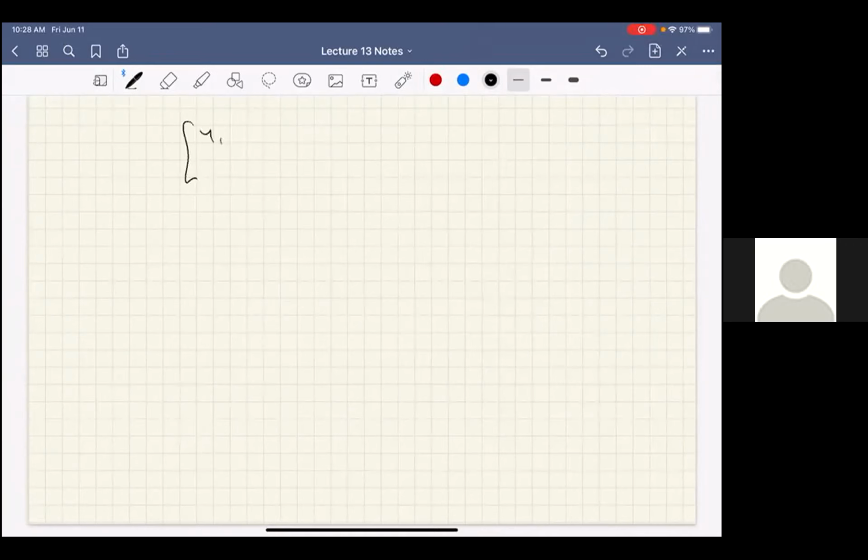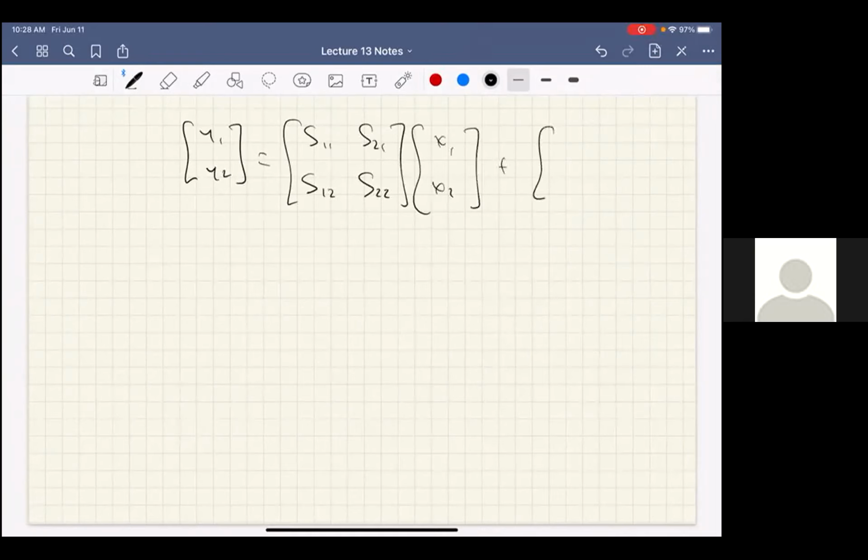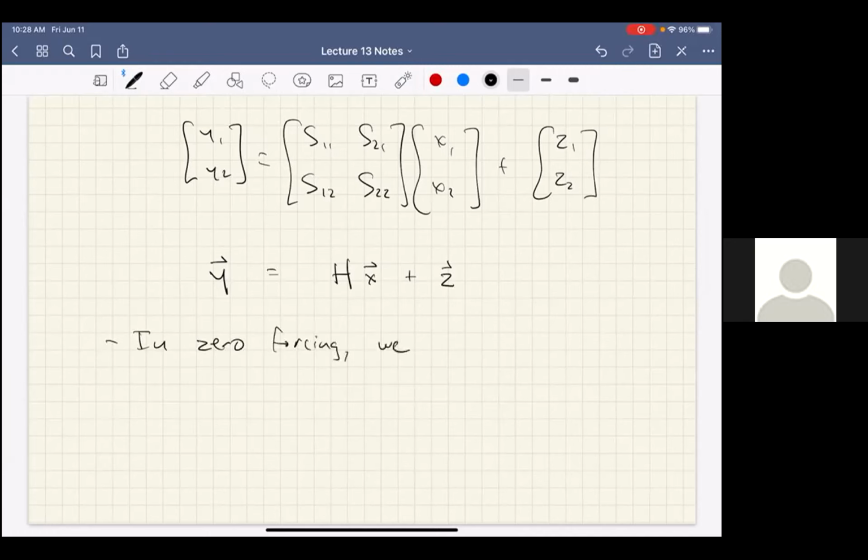So again, redrawing my equation, I can define my terms here. This will be the vector y equals the matrix, I'm going to call that H, times the vector x plus the vector z. So in zero forcing, we invert H. In other words, we multiply on the left by H inverse.